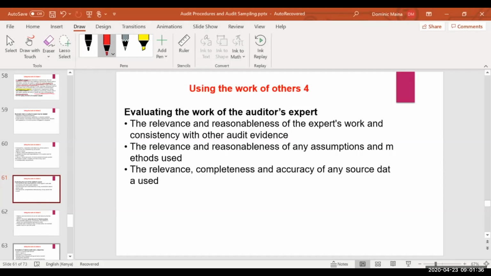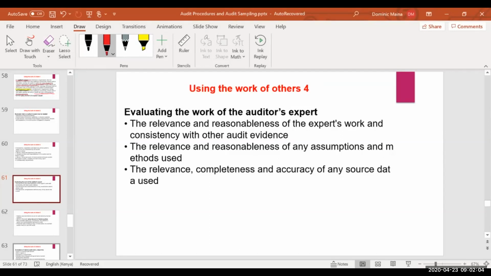If they were not objective with their work, then most likely they may not give you a fair opinion, or the fair evidence that you want as an auditor. In that context, you may have to compare: the evidence I already have in this matter, how does it compare with my already existing audit evidence?